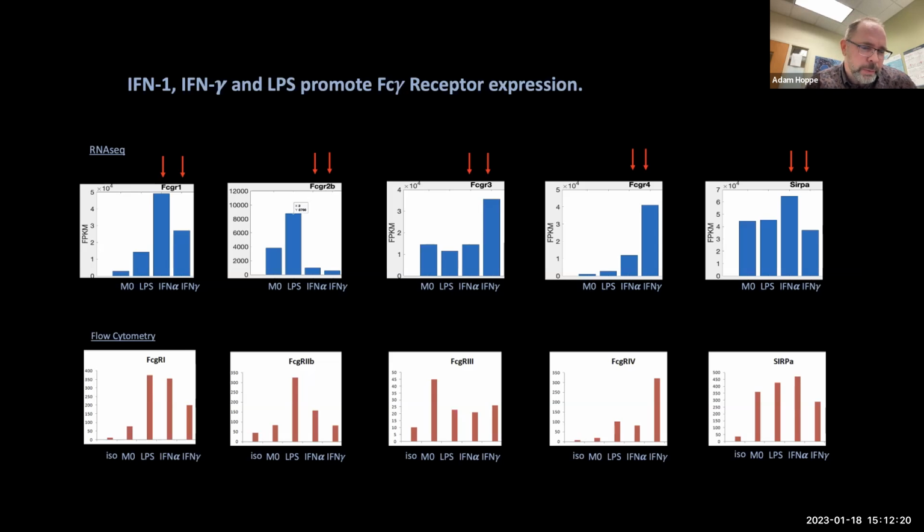So M0 would be what we think of as our tissue or homeostatic macrophage, and type 1 interferon, or interferon alpha, and interferon gamma drive significant upregulation, as indicated by the arrows. Most notably, interferon alpha and interferon gamma drive significant increases in expression of FcγR1, the high affinity Fc receptor, and FcγR4, also an intermediate affinity receptor.